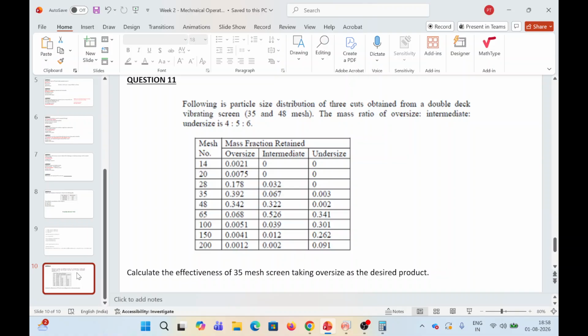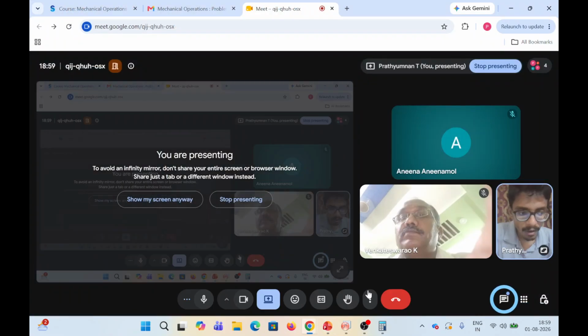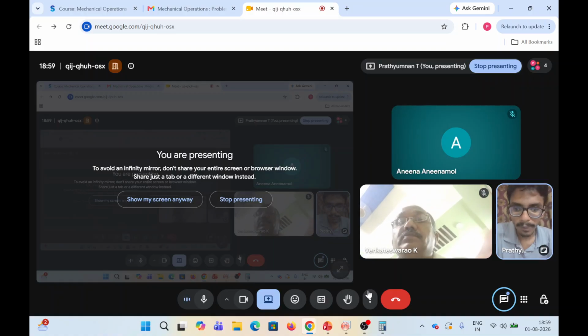Mass ratio is given. How to go about it?